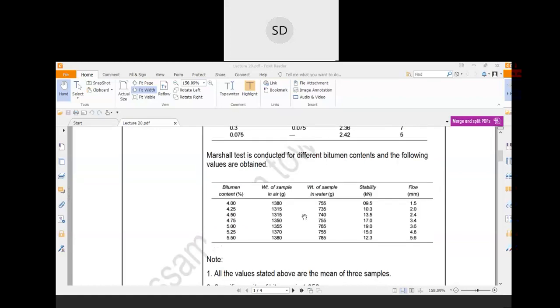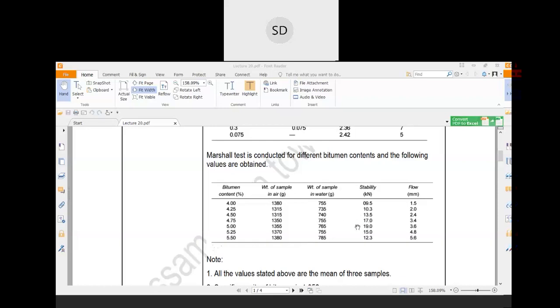You know that finding the optimum bitumen content is a trial and error method. First you start with 4% bitumen content by weight of the aggregate. After that, you gradually increase the bitumen content, and consecutively find the specific gravity of that particular sample, the flow value, and the stability value.